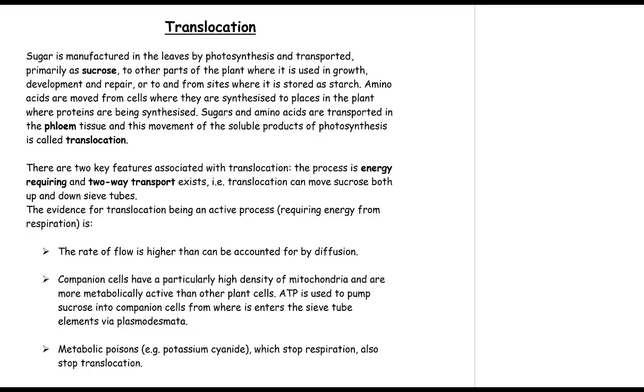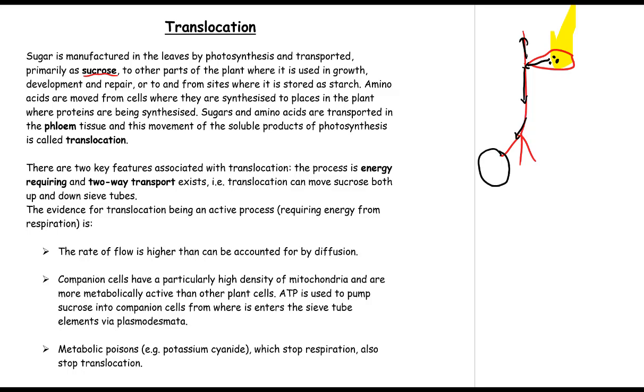Okay, so the next section in this booklet then is translocation. Now translocation is another mass flow movement, but this time it's transporting sugar in the form of sucrose. So basically what happens is, if this is a little plant, there's its roots, there's the little leaf, sun shines down on the plant, it photosynthesizes, it produces glucose, it converts those to sucrose and transports them through the phloem to different parts of the plant.